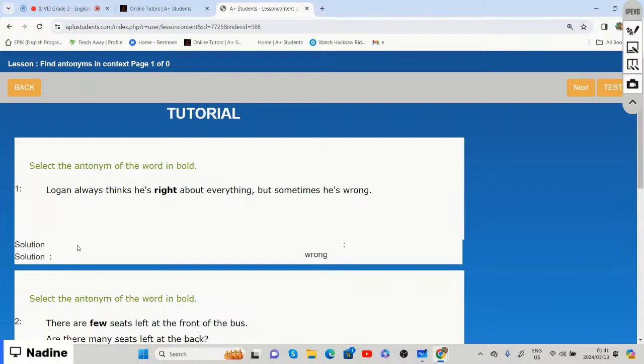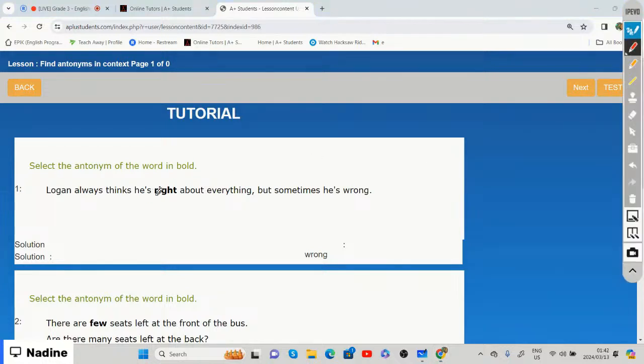So Logan always thinks he's right about everything, but sometimes he is wrong. So we need to select the opposite of right, and we can say the opposite of right within that sentence, right? The opposite of right is wrong.